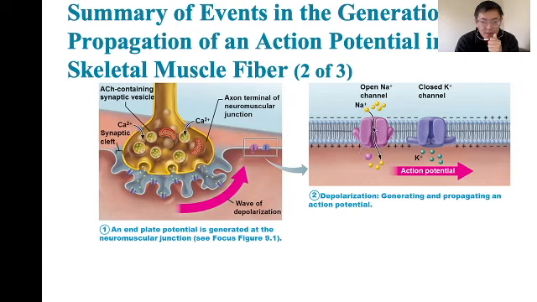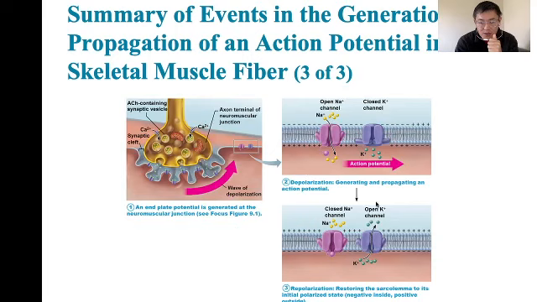The sodium channel opens to allow sodium ions to rush into cells to increase the membrane potential and generate the action potential. And then the action potential closes the sodium channel and opens the potassium channel to let potassium rush out of the cell to decrease the membrane potential. This is called repolarization.